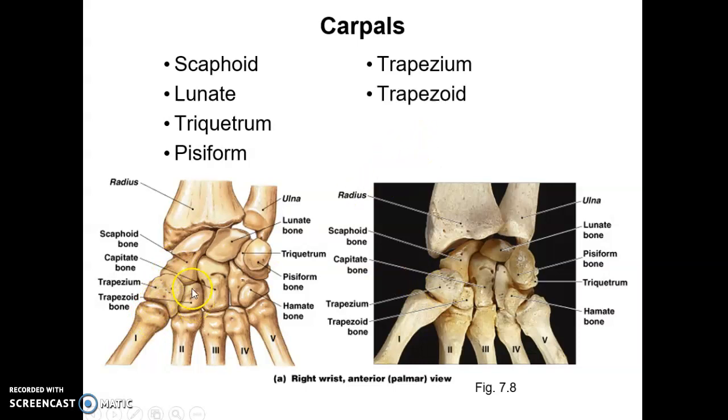Then the trapezoid, scaphoid and metacarpal 2. Then the capitate with the lunate, metacarpal 3. And then lastly the hamate with the triquetrum, metacarpal 4 and 5.